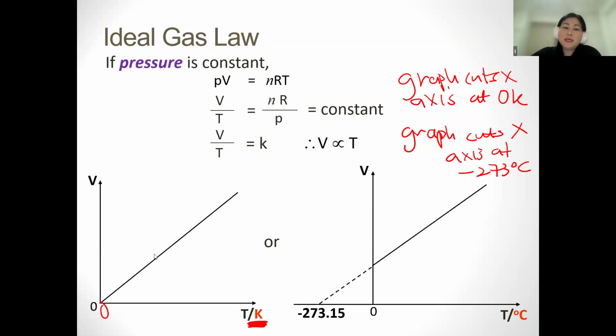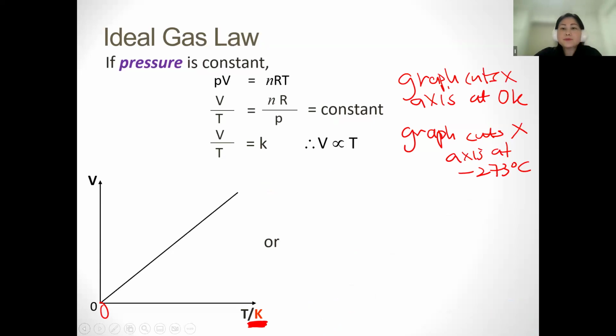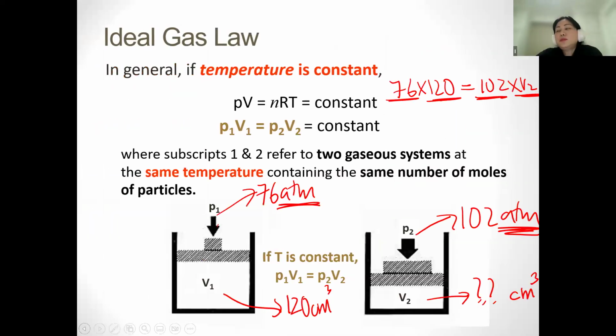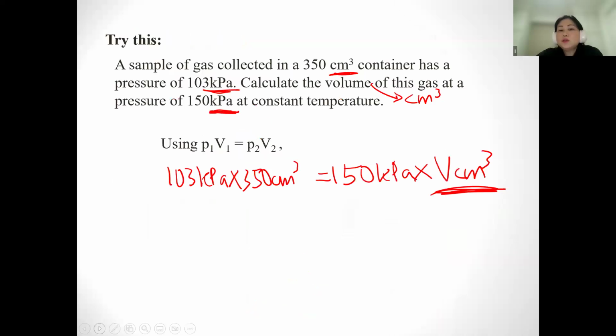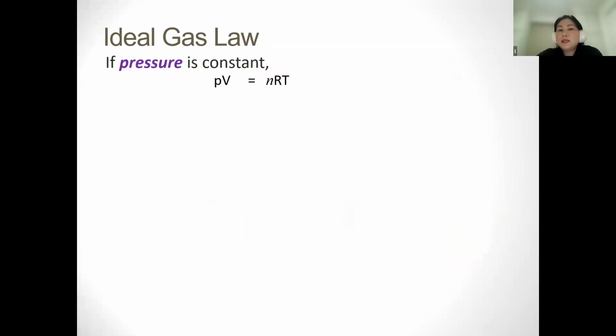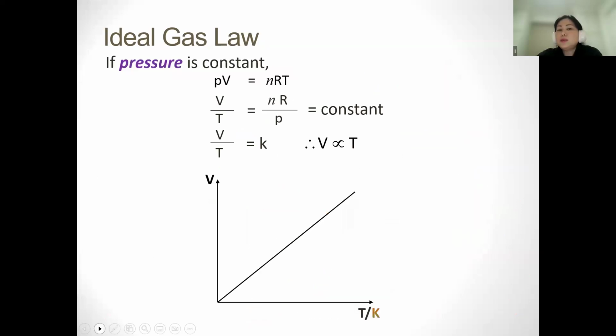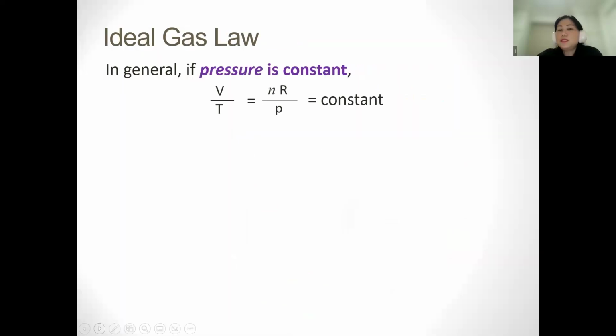Remember previously we had P1 V1 equals P2 V2. Now we also have another one, which is V1 over T1 equals V2 over T2.